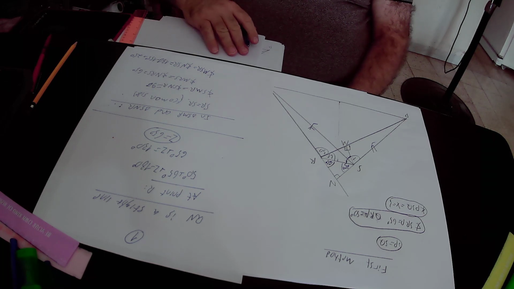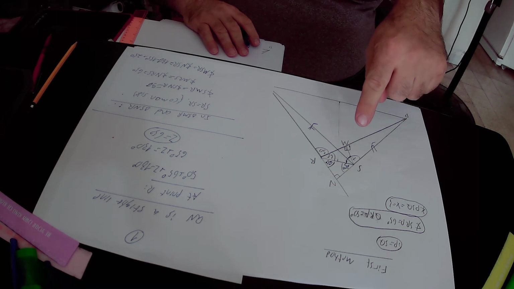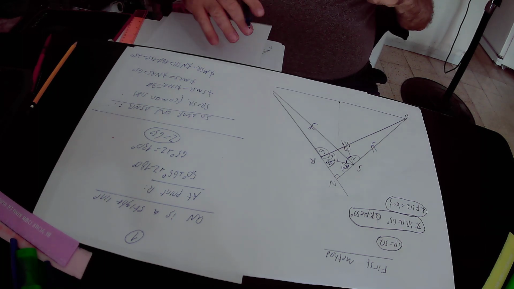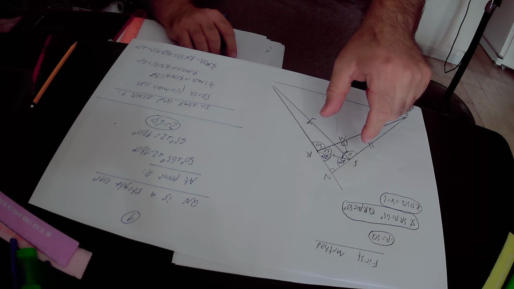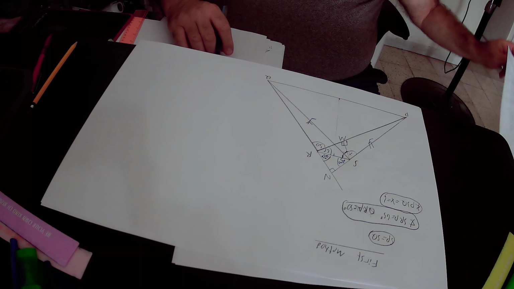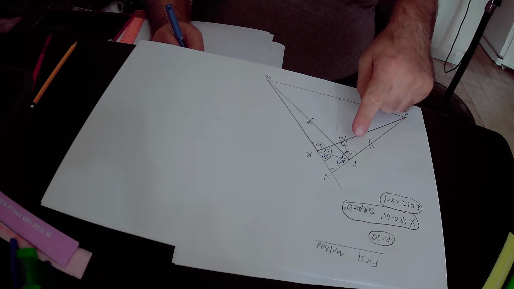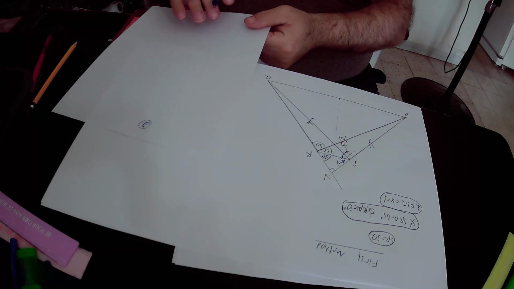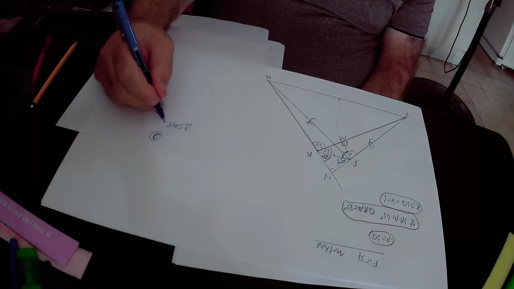So we actually found out that all three angles of the right triangle SMR are equal to all three angles of the right triangle NSR, and we also have a common side that belongs to both triangles, SR. So we actually proved that the right triangle SMR is congruent.